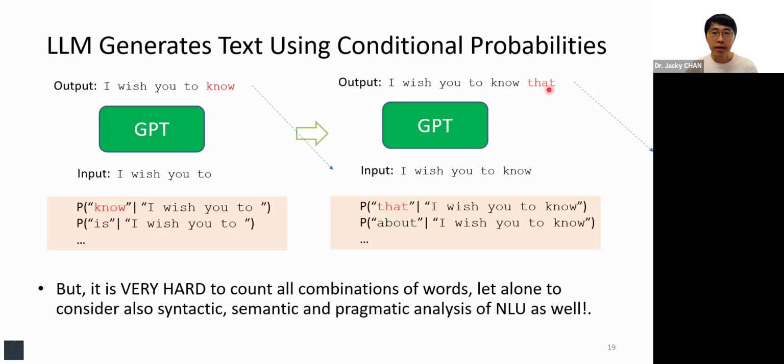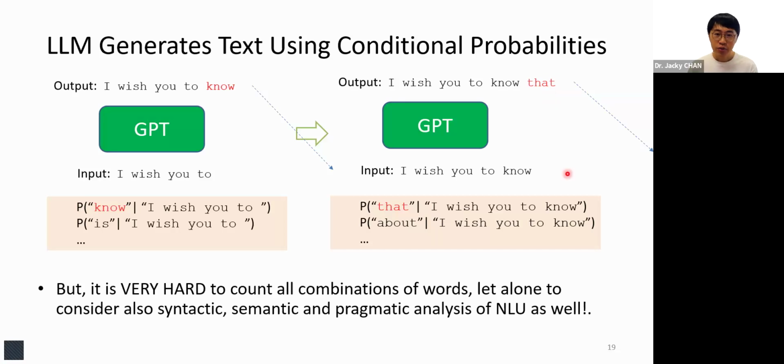That's the reason why, if you use a chatbot, you will see the response appearing word by word, because it is calculating the probability and finding the most suitable one. Okay, so that's how we have the whole sentence.